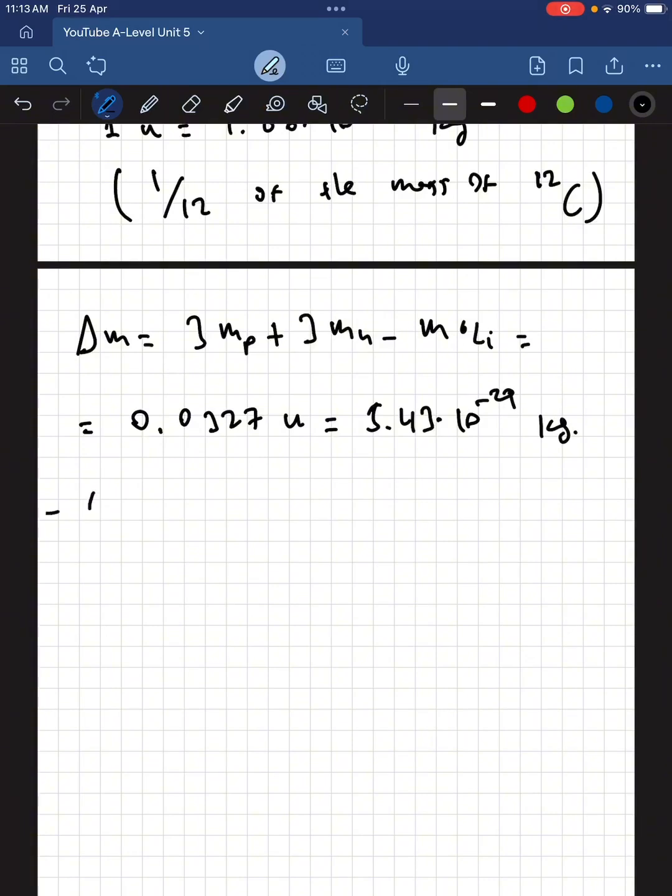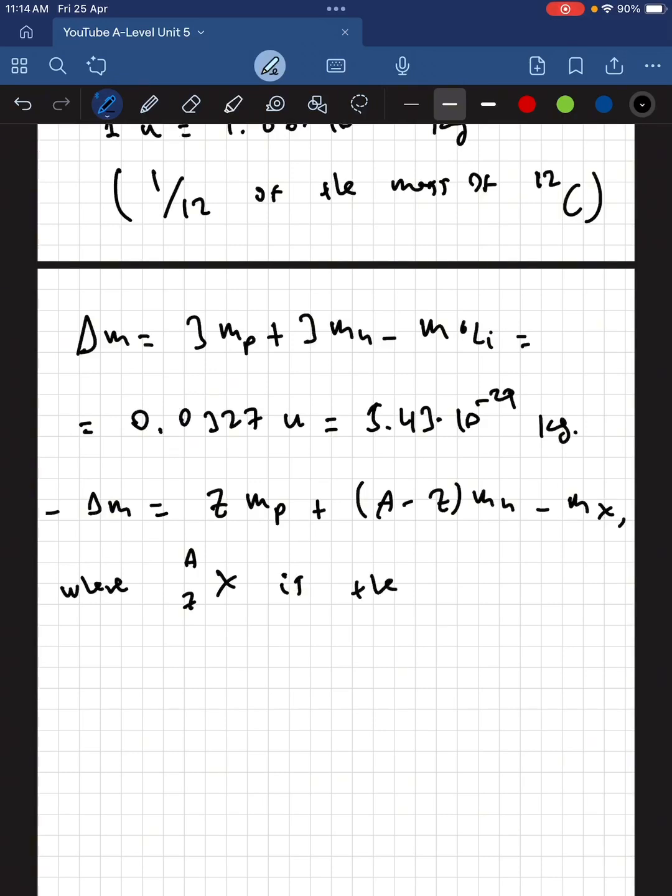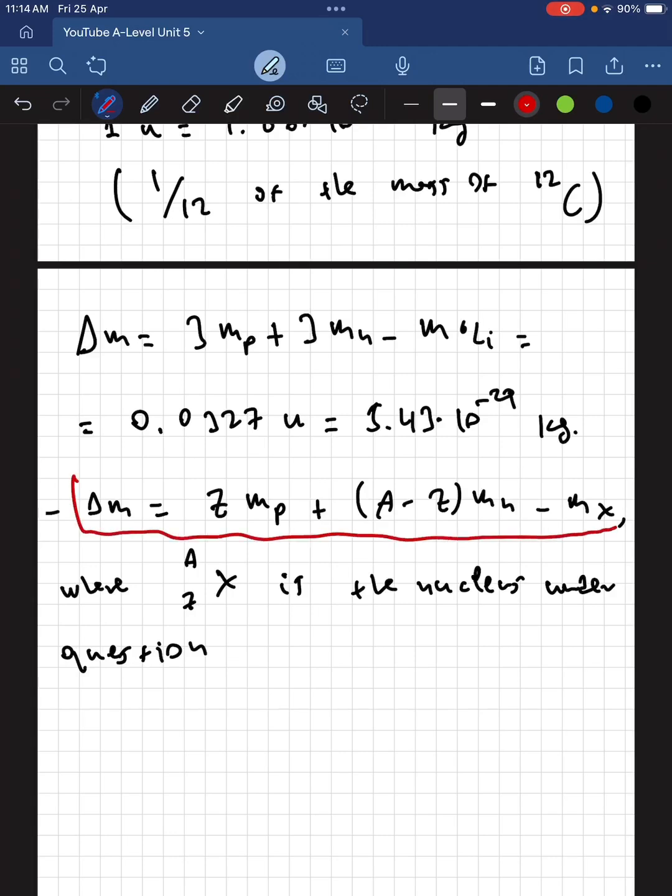This delta M is defined as Z times the mass of protons plus (A minus Z) times the mass of neutrons minus the mass of X, where X with mass number A and atomic number Z is the nucleus in question. Let me put it in a red box.